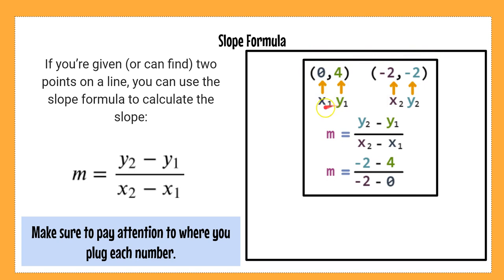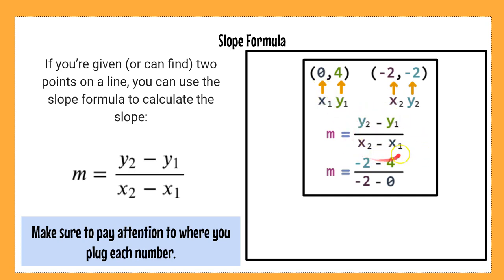My x and y values correspond to those points. So when I fill in my formula, y2 is -2 minus y1 is 4, over x2 is -2 minus x1 is 0.